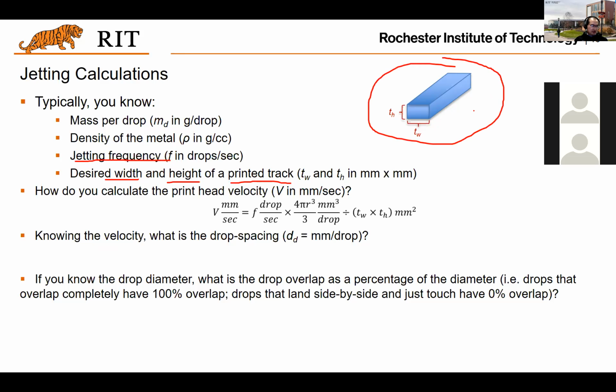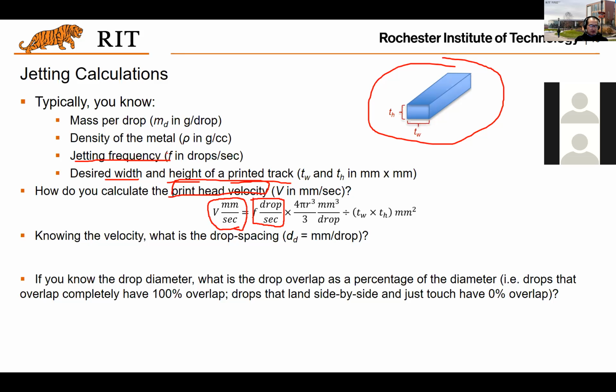It turns out you can compute the printing head velocity, which you need to specify to control the printing head during the process. This is the printing head velocity, and what it looks like is that in each second, there will be a droplet number, and that's the jetting frequency.